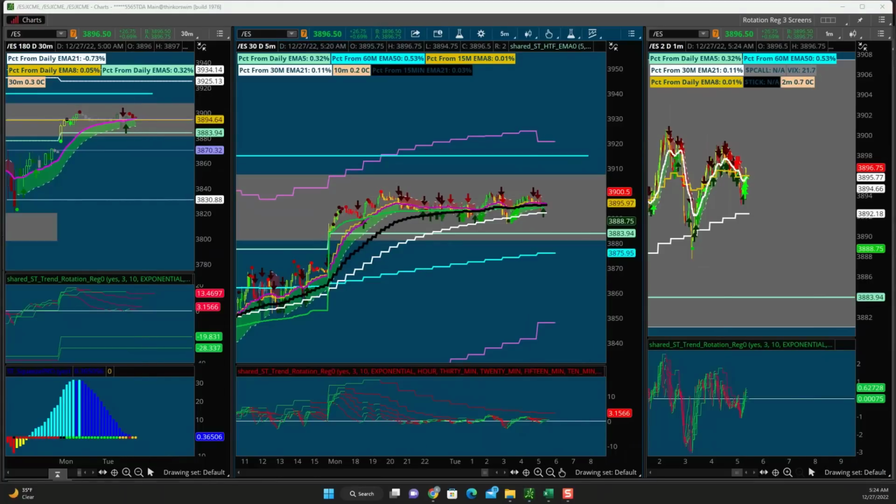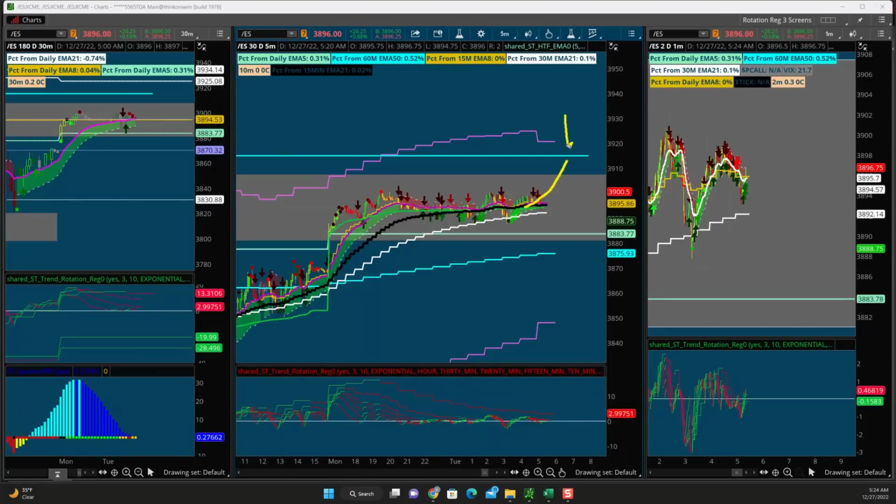But if price does do this, say price does rally up to here, and then we get sell signals, I'll consider throwing on a call credit spread up here, looking for the push lower, the reversion. And why that is, because that is overhead resistance, and it's right by the 21 EMA as well. We typically don't just blast right through it, but that's the play I'm looking at doing.